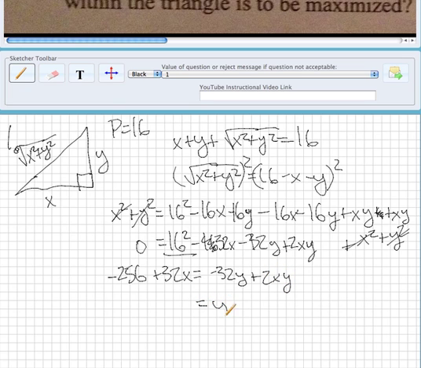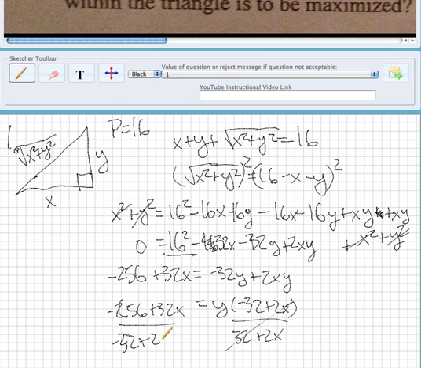So now if we factor out the y, it's going to be negative 32 plus 2x, and then it's going to be negative 256 plus 32x. We're going to divide both sides by negative 32 plus 2x. So this cancels out, so we just get y right now. So now we have negative 256 plus 32x over negative 32 plus 2x equals y.